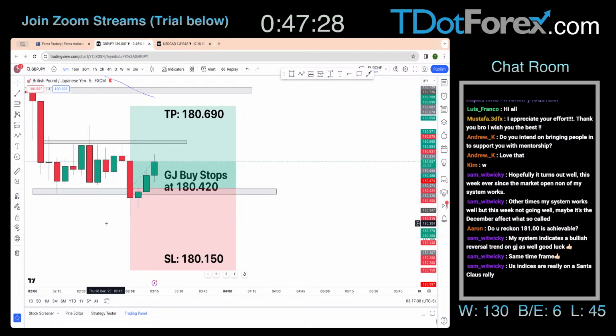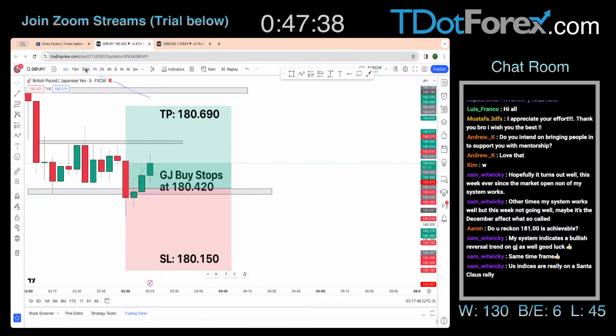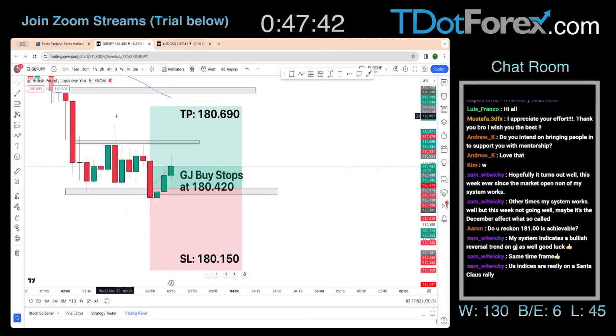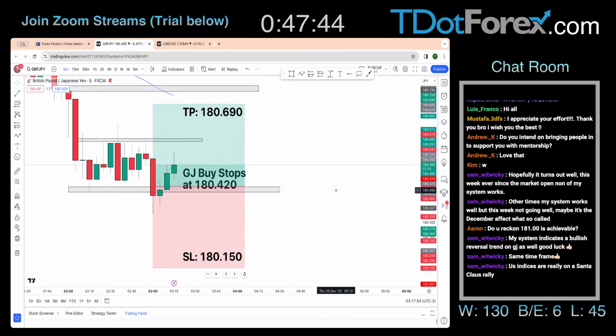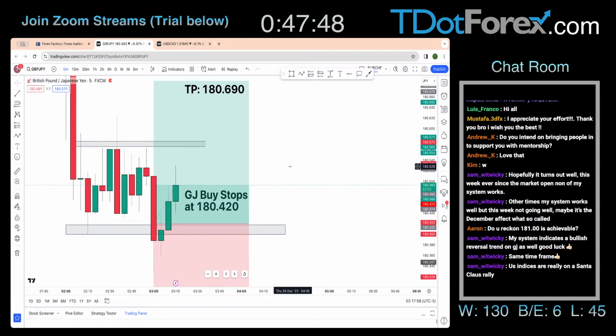Got a beautiful push right here from GJ. Can certainly make that level right here. Come on, GJ. One more push here. Alrighty.